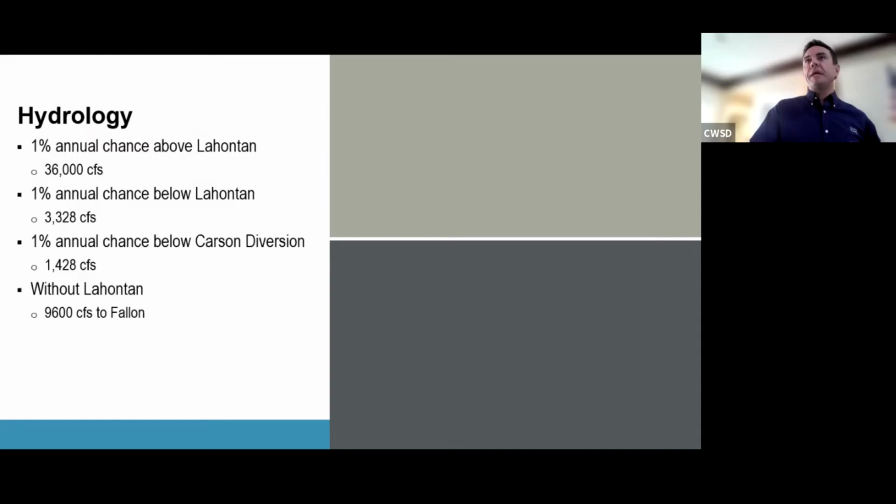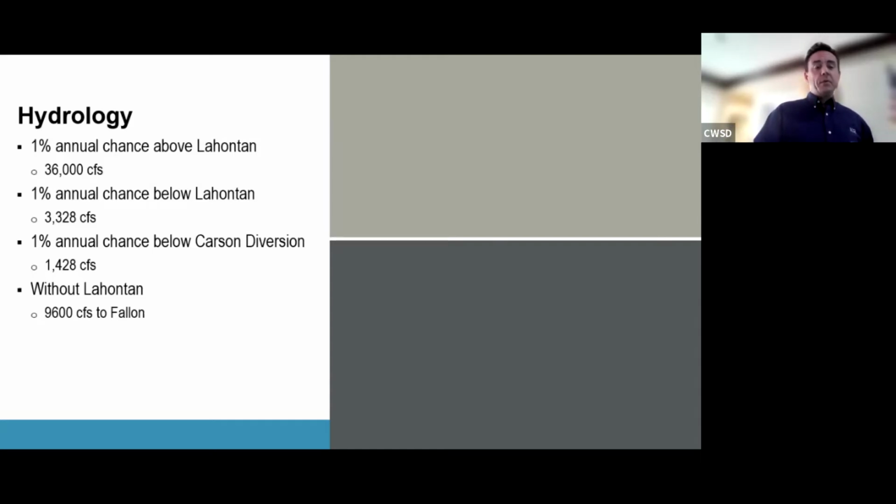So you're talking about an order of magnitude difference due to that reservoir storing all that water coming through the Carson River. So you have a very, very different floodplain downstream of the reservoir, and it's managed much differently because the outflows are metered. They're not directly driven by a storm event like '97 or '86. It's more about the volume of water in the reservoir and how that's released.